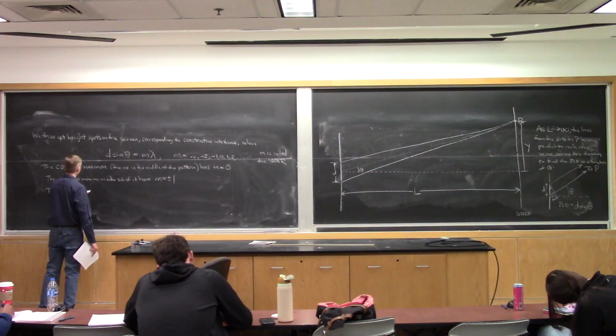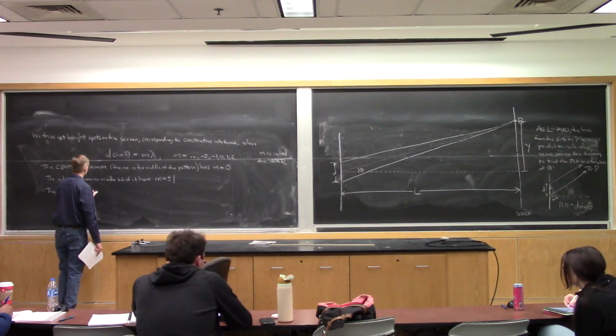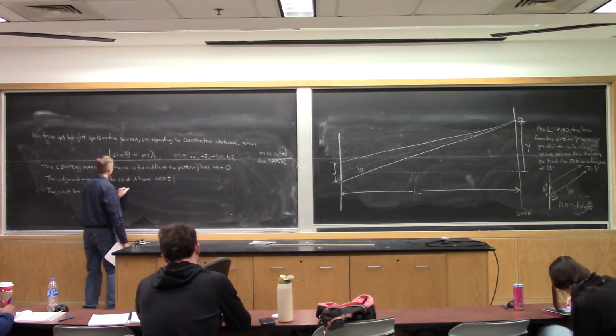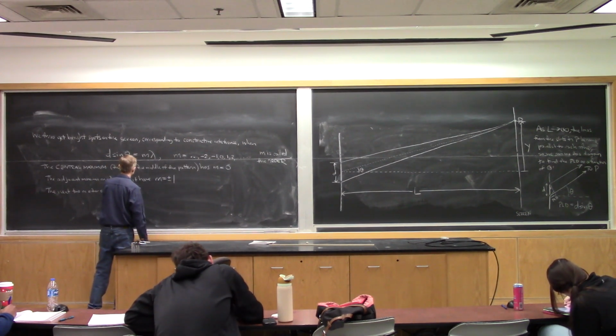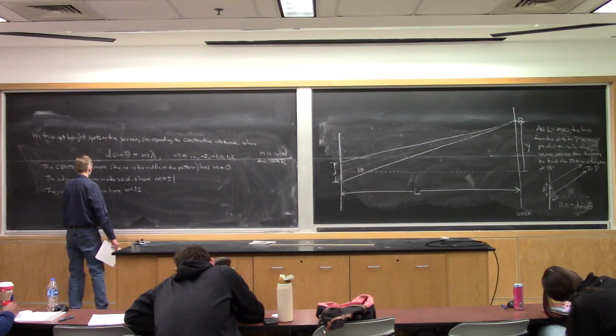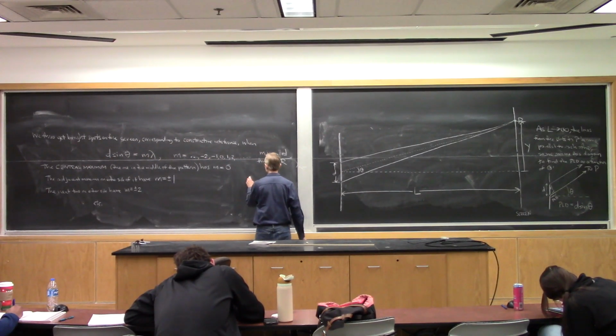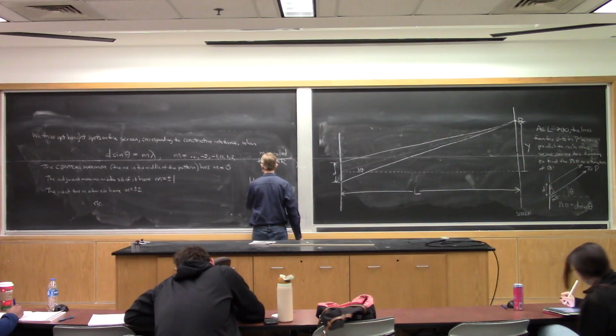The next 2 on either side. M equals plus or minus 2, etc. So if I sketch the interference maxima, here's a series of maxima, a bunch of interference strips.